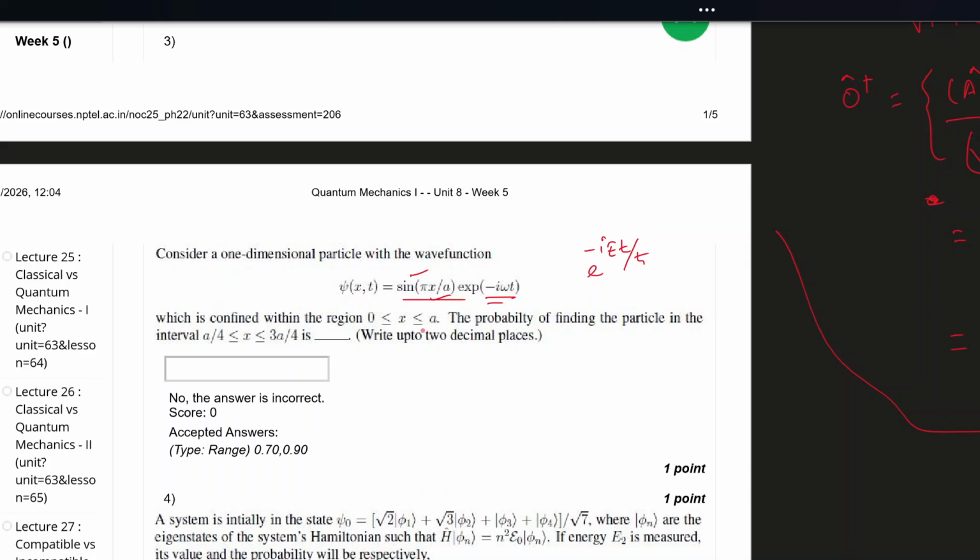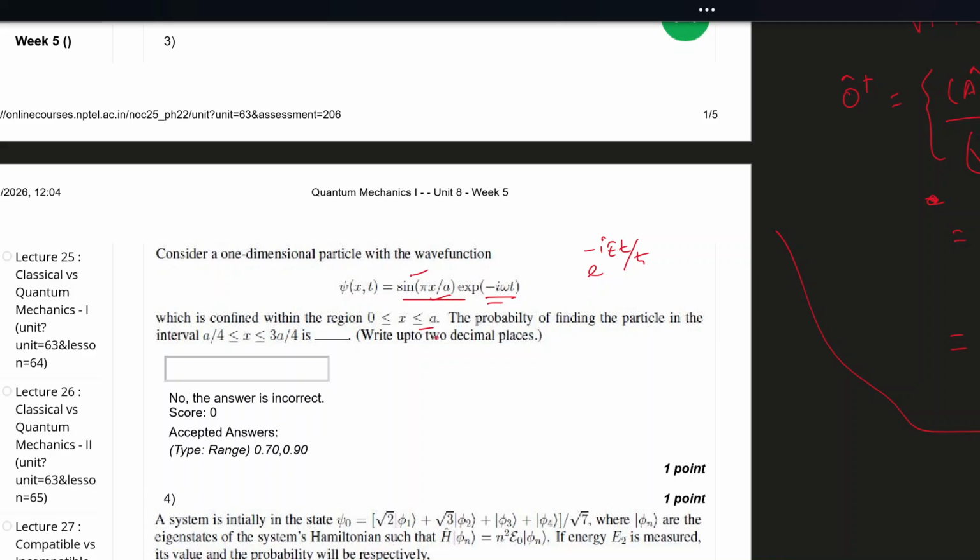Now the particle is confined between 0 to a. The probability of finding the particle in the interval is what? Now, because it is a particle in a box and the box size is a, obviously the particle will be confined between 0 to a.